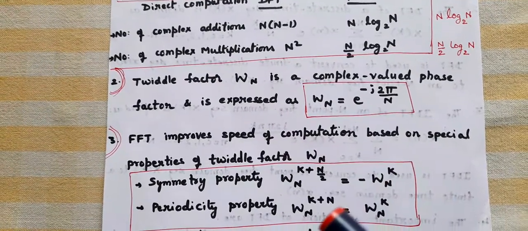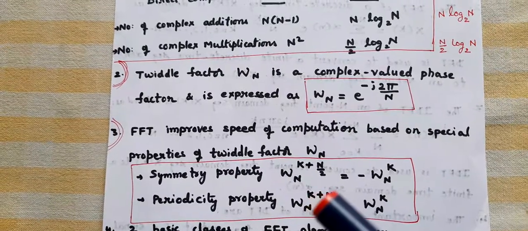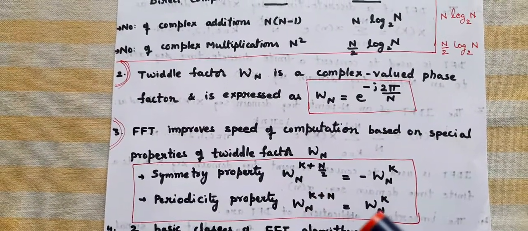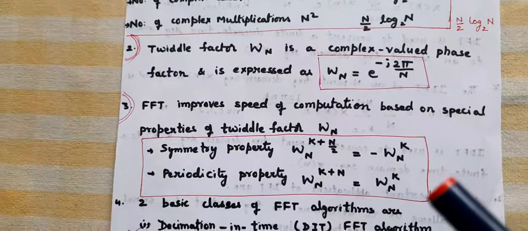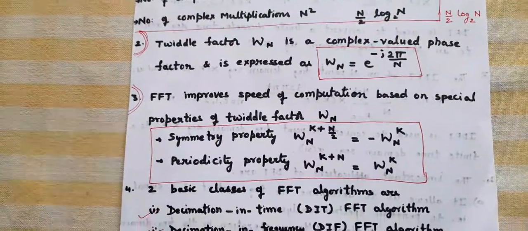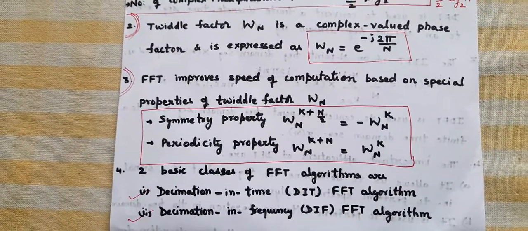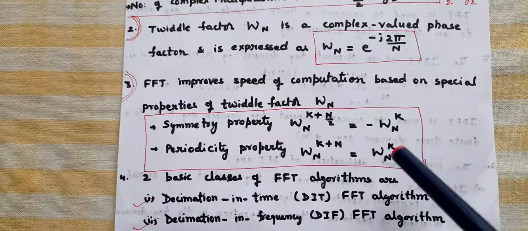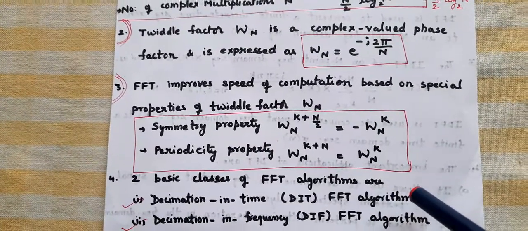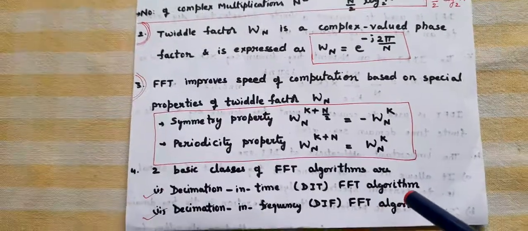Coming to periodicity property, Wn to the power k plus n is written as Wn to the power k. Coming to the two basic classes of FFT algorithms, they are decimation in time, DIT algorithm, and decimation in frequency, that is DIF FFT algorithm.